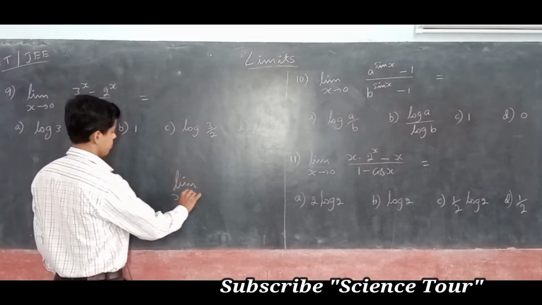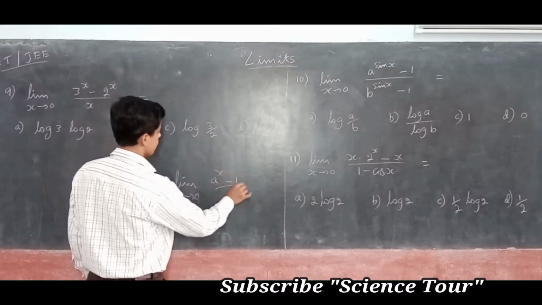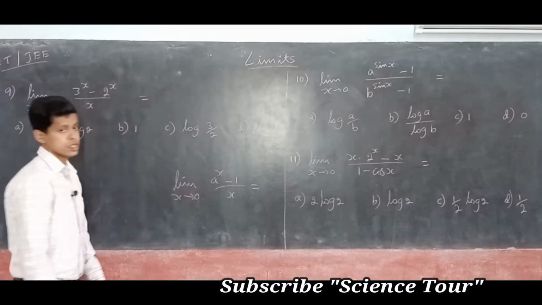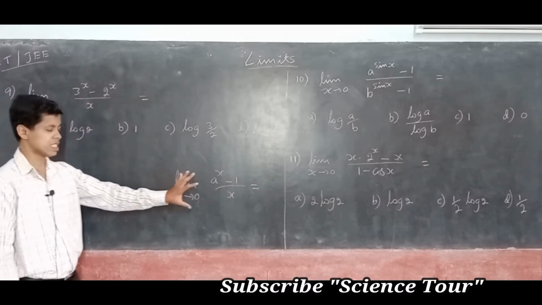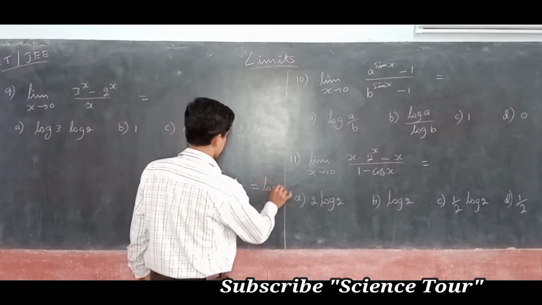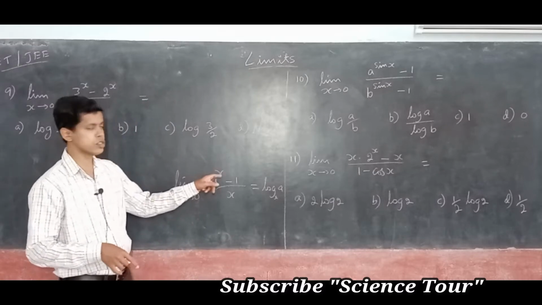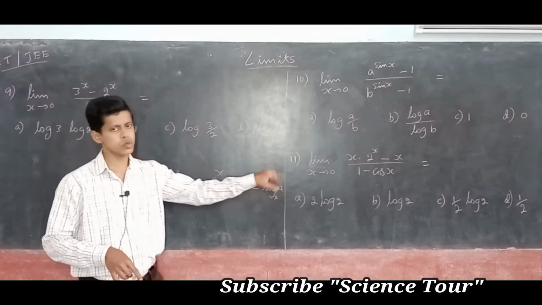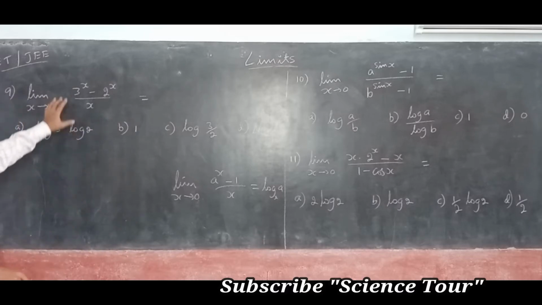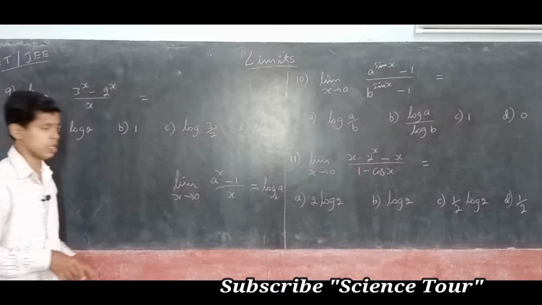Limit of a raised to x minus 1 divided by x, if you have a situation of this type, then the answer is log a to the base e, and if you have e raised to x, then it will be log e, which is 1. So these are the two formulas you must remember for questions based on exponential.